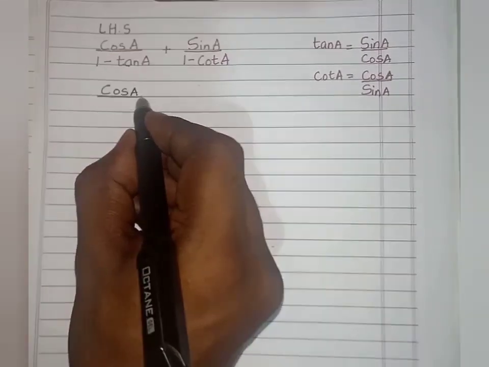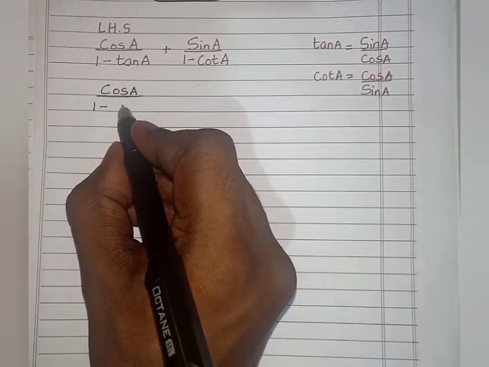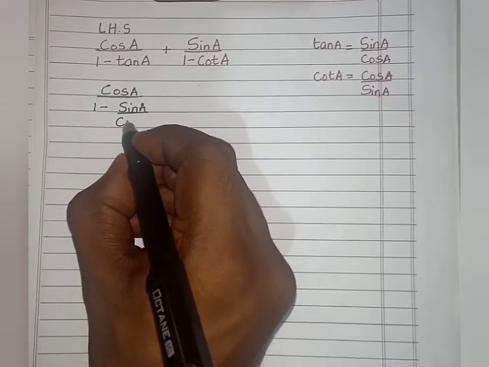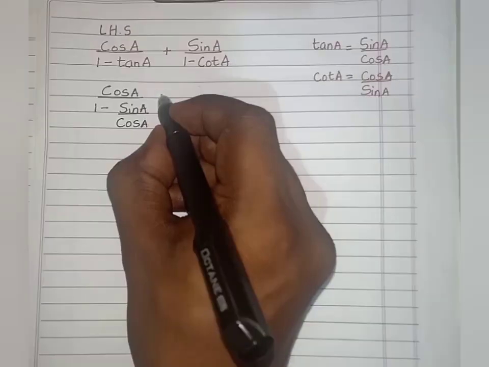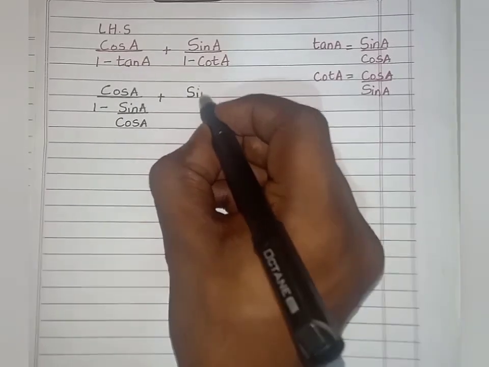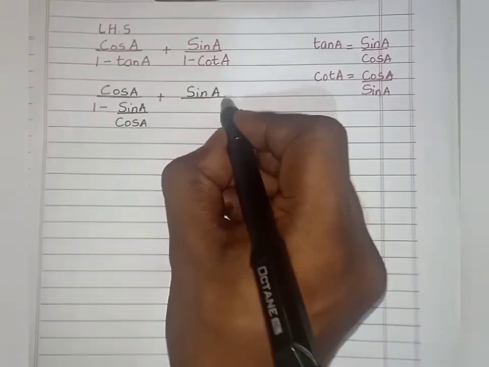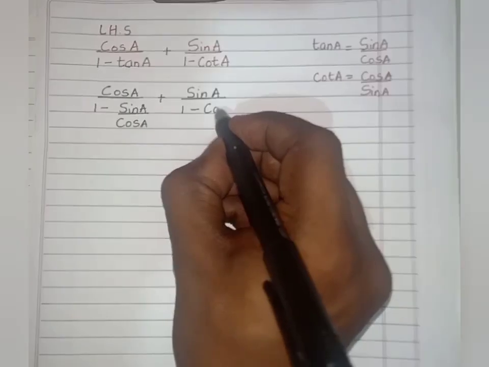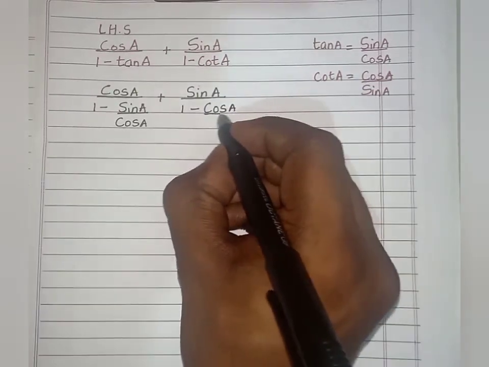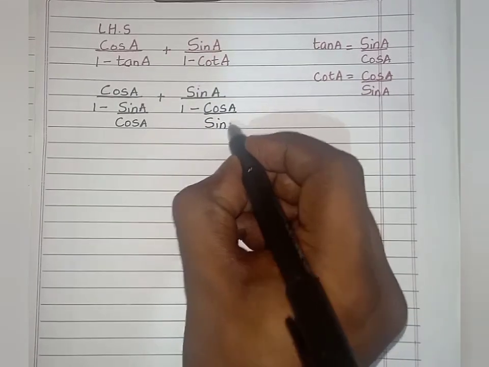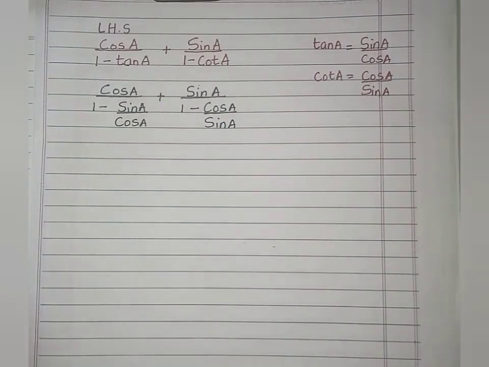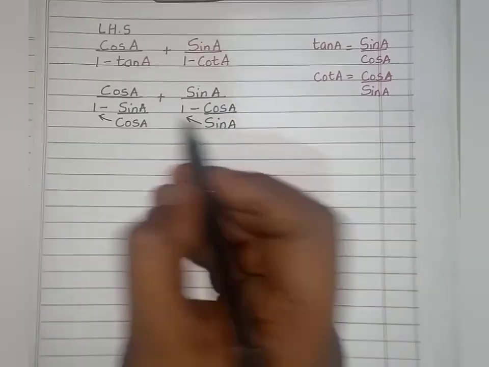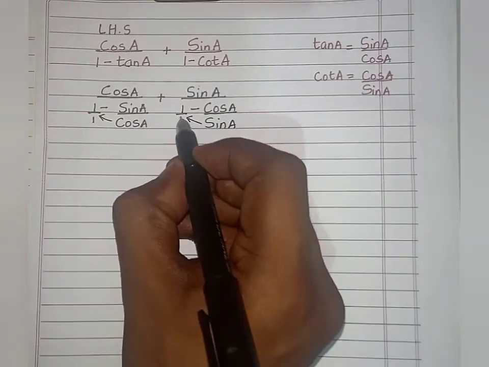Now cos A by 1 minus tan A can be written as cos A divided by 1 minus sin A by cos A. The same way sin A divided by 1 minus cot A can be written as sin A divided by 1 minus cos A by sin A. Now in the denominator part take the LCM, that is I can write 1 by 1 and here also 1 by 1.